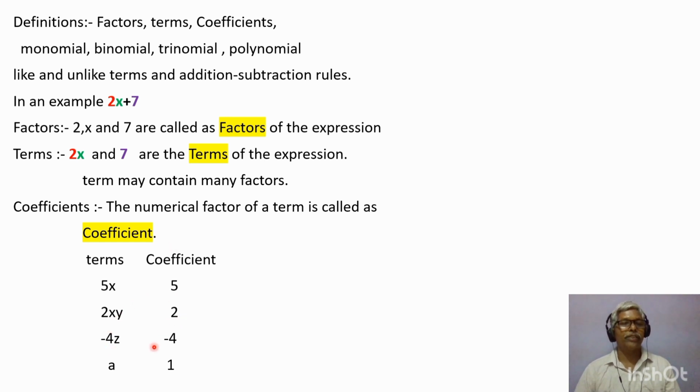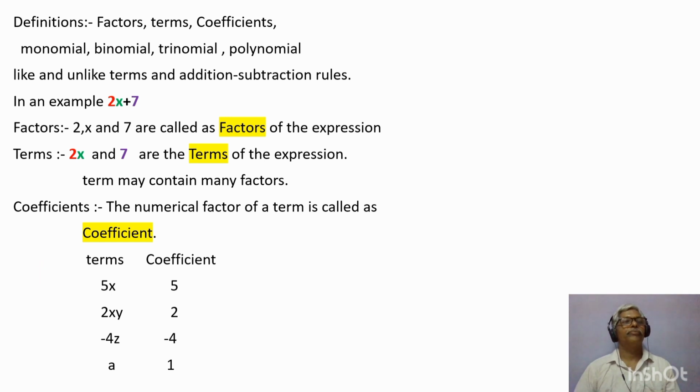Minus 4z, the coefficient is minus 4. And for a, if this a is alone, then besides this it is 1, so the coefficient is 1. So these are the definitions of factors, terms, and coefficient. Try to understand it and you can use it in the problems.